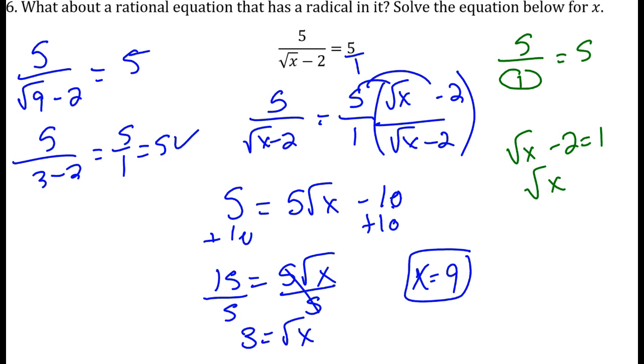If you saw that structure, which I'm assuming no one did, that's okay, because seeing structure is something you have to learn over time, and you get x equals 9 still. So it saves us some of the mess. But recognizing 5 over 1 equals 5, that denominator has to be 1.